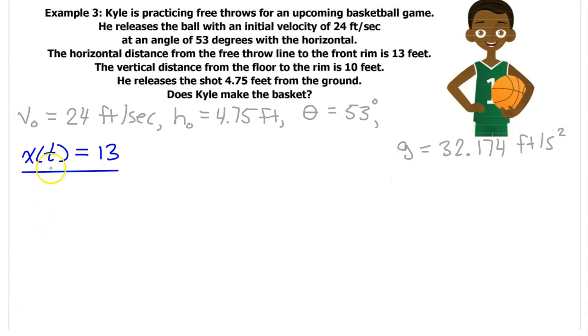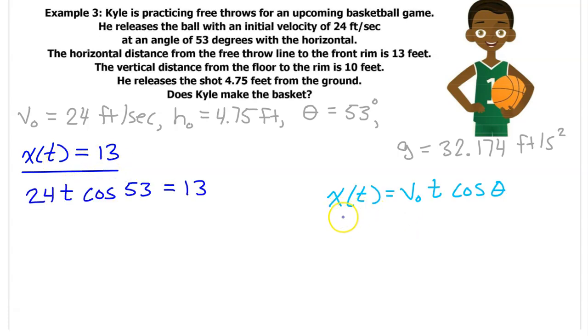Our first step is to find the time t when the horizontal position is equal to 13. Here's the model that gives the horizontal position of the ball. So we need to find when 24t cosine 53 is equal to 13. Let's divide both sides of the equation by 24 and cosine 53.